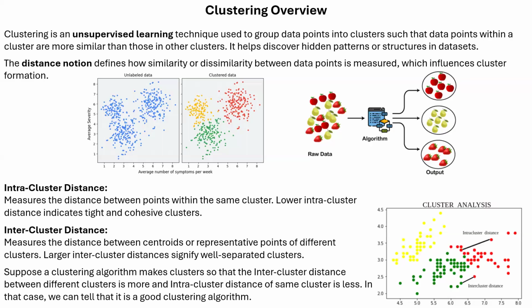If you look at this, clustering is an unsupervised learning technique used to group data objects into clusters, such that data points within a cluster are more similar than those in other clusters. Ideally, this is an ideal case. It perfectly separated all the fruits, but in the real world, it may not be the case.